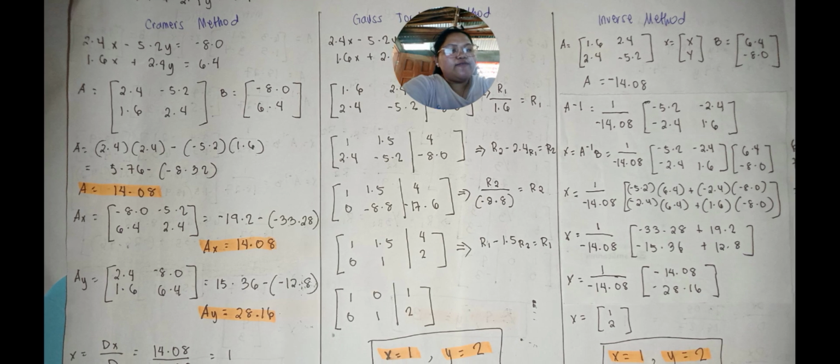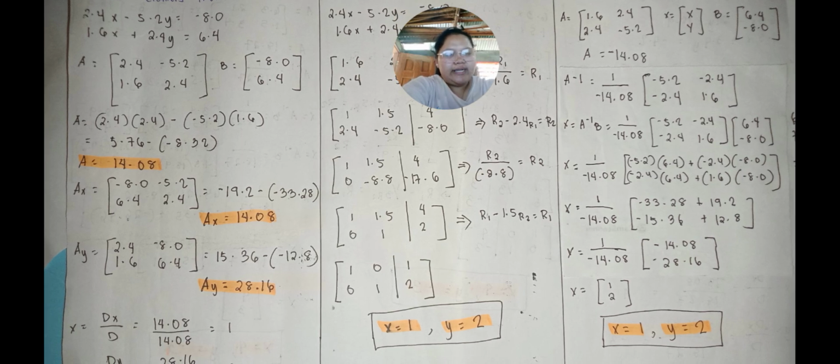So you can see our determinant A is already negative 14.08, as the given determinant A. So we are going to multiply A and B. So it results to negative 14.08 and negative 28.16. And we are going to divide with the given determinant. So it results to 1 and 2. So our x is equal to 1, y is equal to 2.